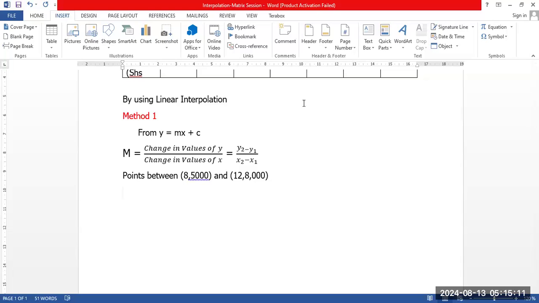So you substitute. When you observe here, what is the value of x1? What is the value of x2? Remember, this is your x1, this is your x2. This is your y1, this is your y2. So that's what we are going to do, substituting in the formula to get m.